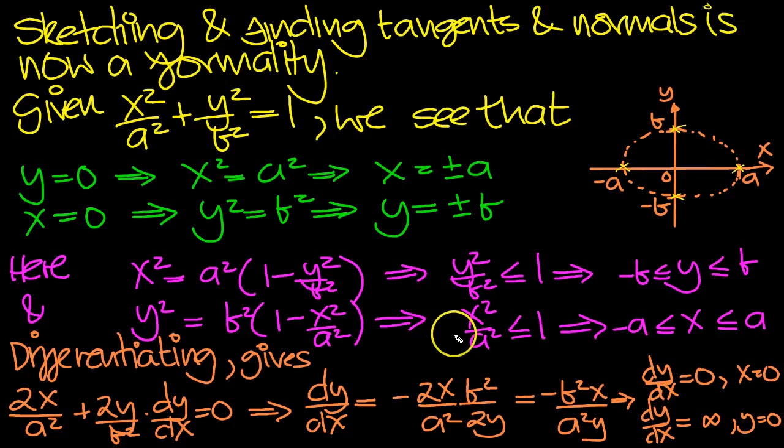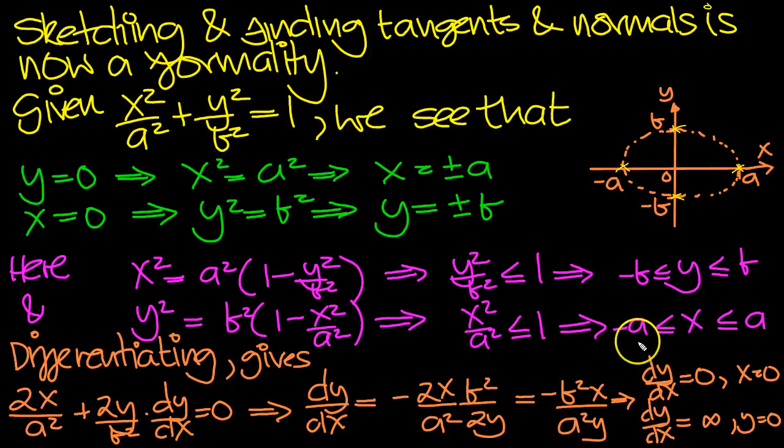And looking at the other way round, let's rearrange it the other way round now. So move the x squared over a squared over, 1 minus, and then move the b squared from divide to times, so we get this. And then that tells us for y to have values, x can lie in the range where this is positive, and this is positive provided this holds, isn't it? This must be smaller than 1.